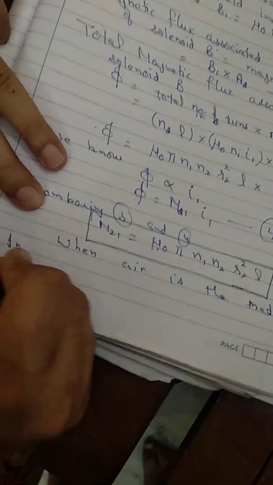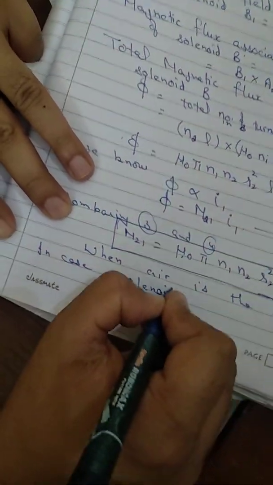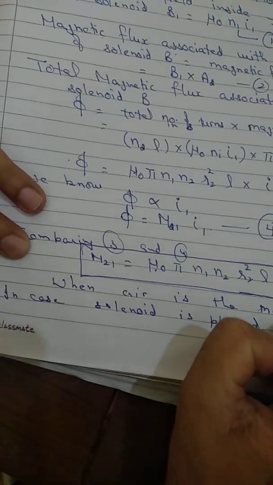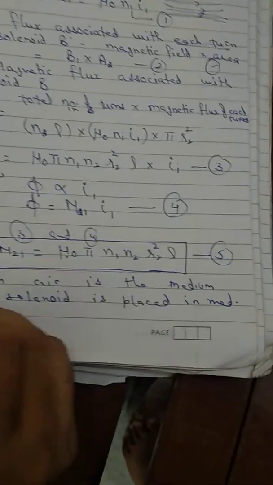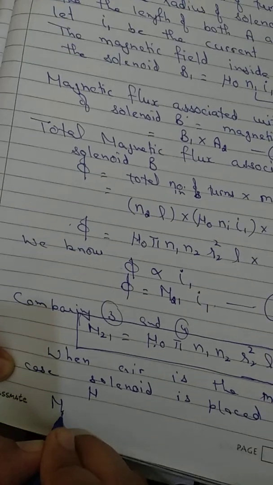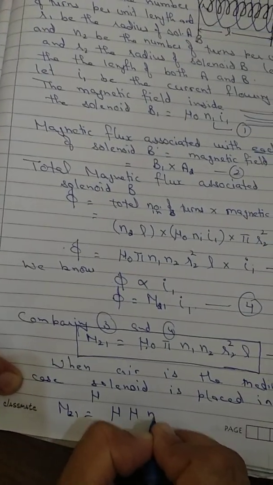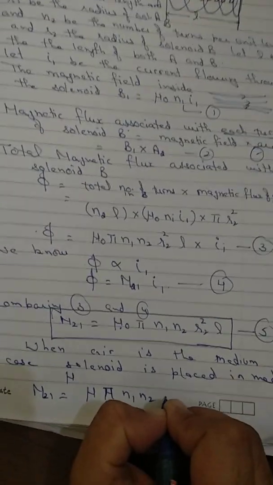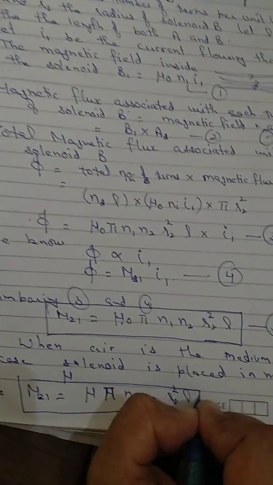In case the solenoid is placed in a medium having permeability mu, in that case what will be M21? M21 is equal to mu into pi into N1 into N2 into R2 square into L. Okay, is this clear?